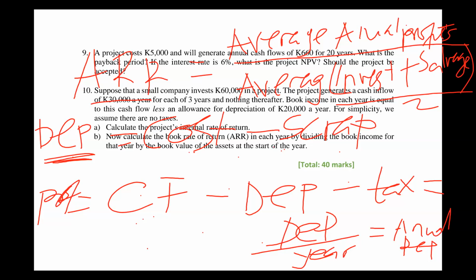So when you are finding the accounting rate of return from the annual profit, where you have constant flows like 30, you just say 30 minus the annual depreciation.